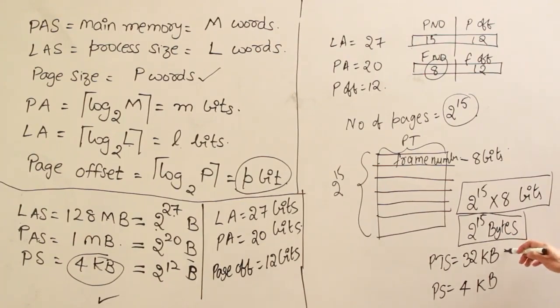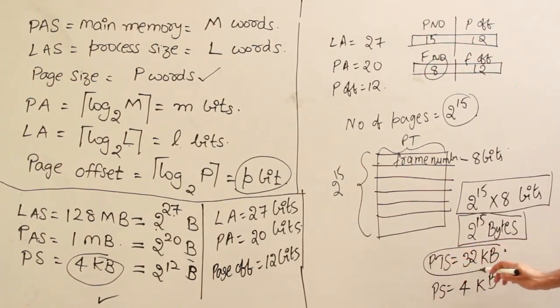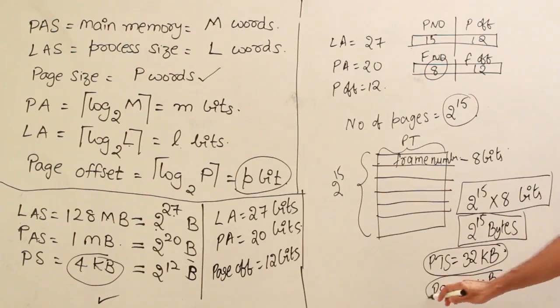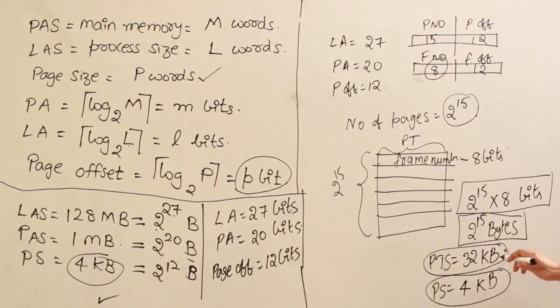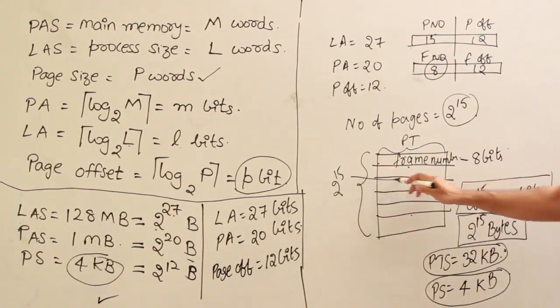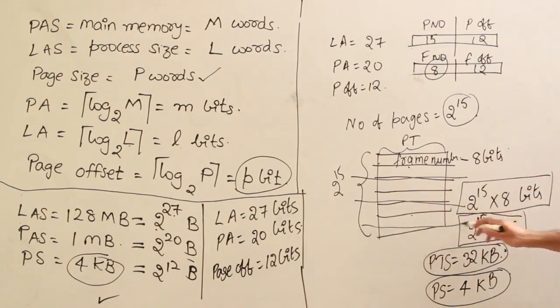What does it mean? The page table itself is so big that it cannot fit in one page. Then what should be done? This page table has to be divided into many pages, right? That is called multi-level paging.